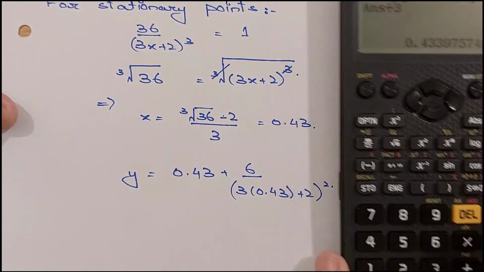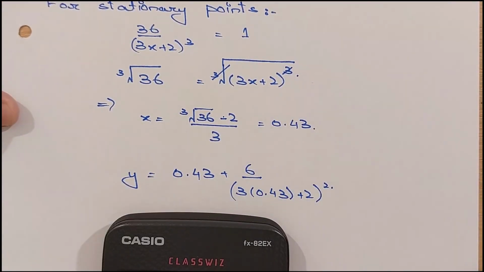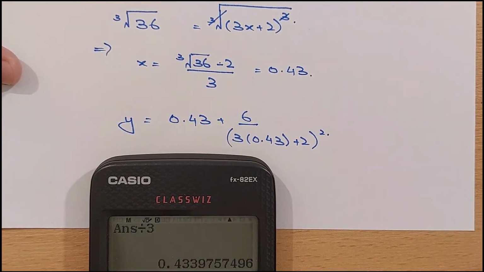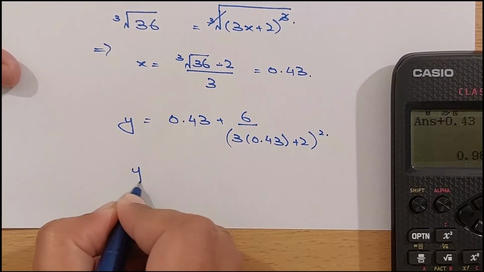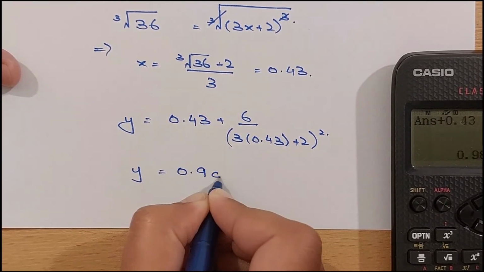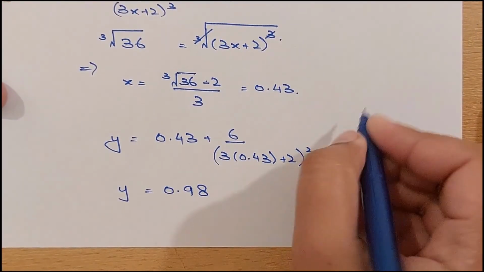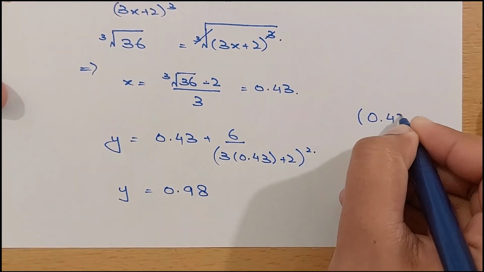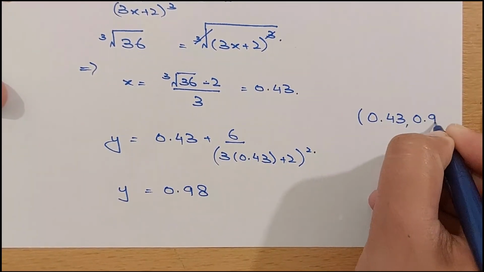So let me simplify: 3 times 0.43 plus 2, squared, and 6 divided by the answer, add 0.43, so 0.98 is the y coordinate. So the coordinates of the stationary point are 0.43 and 0.98.